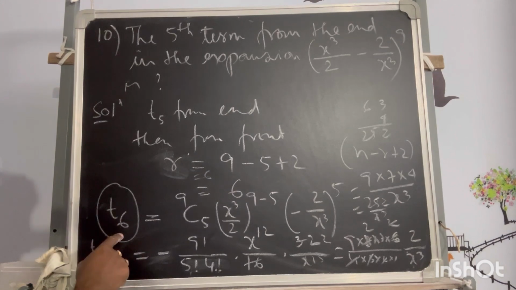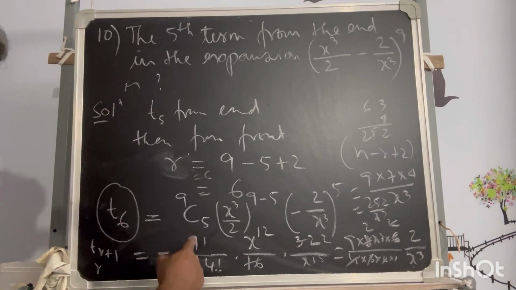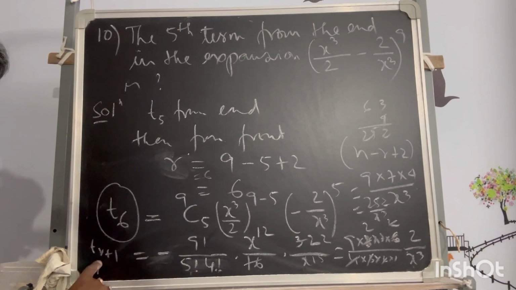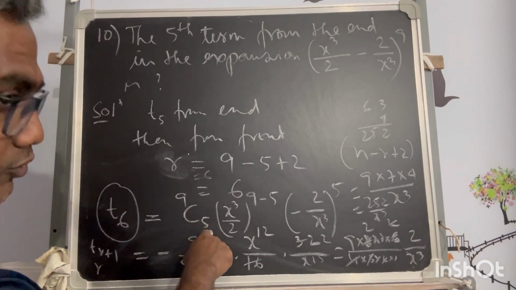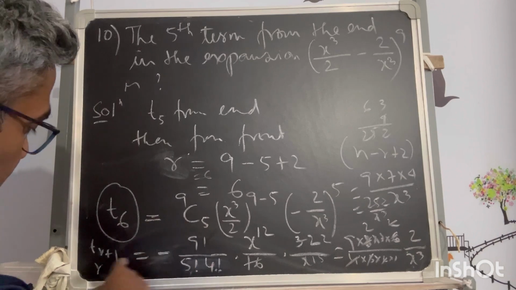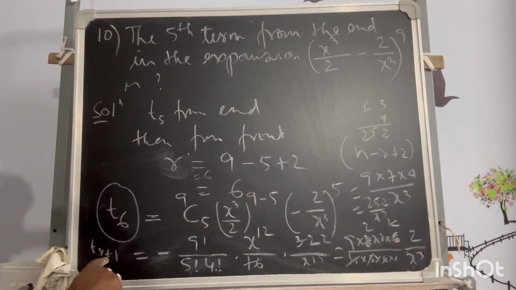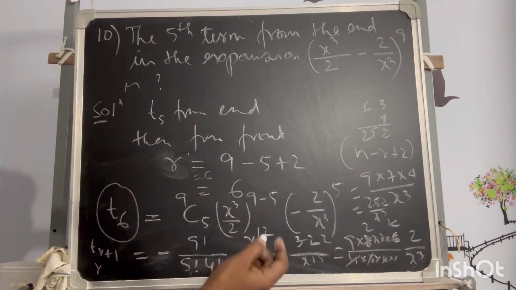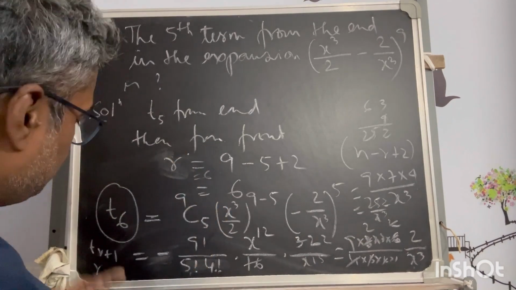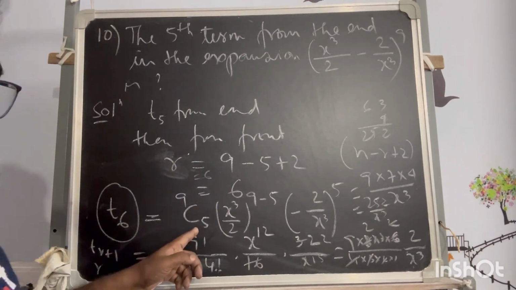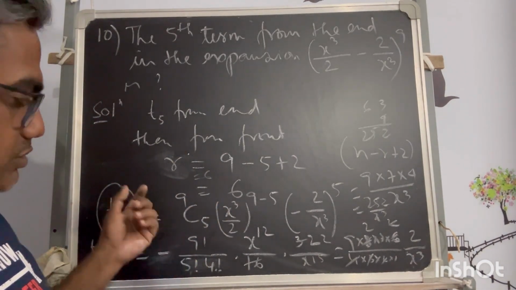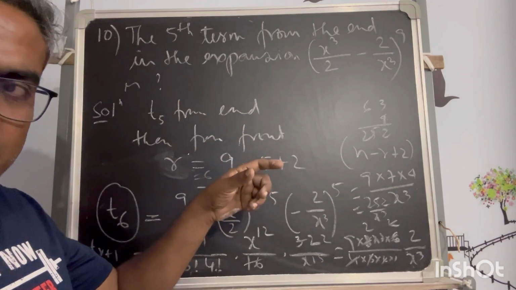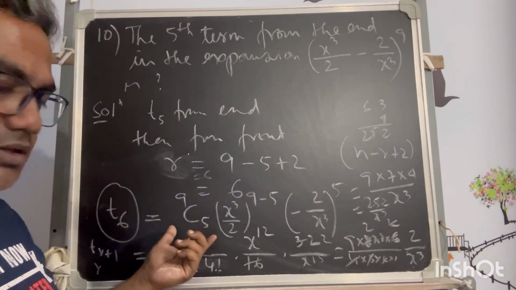Now T6 I have to get. If I want to equalize with r plus 1, so r basically has to be understood, what would be the coefficient here. If it is T0, the 6th will be T5, because I am starting from C0.